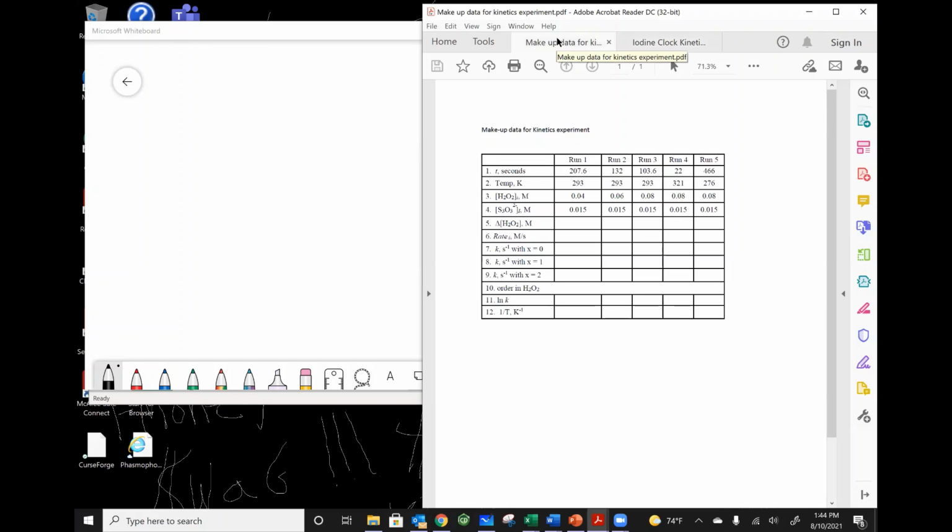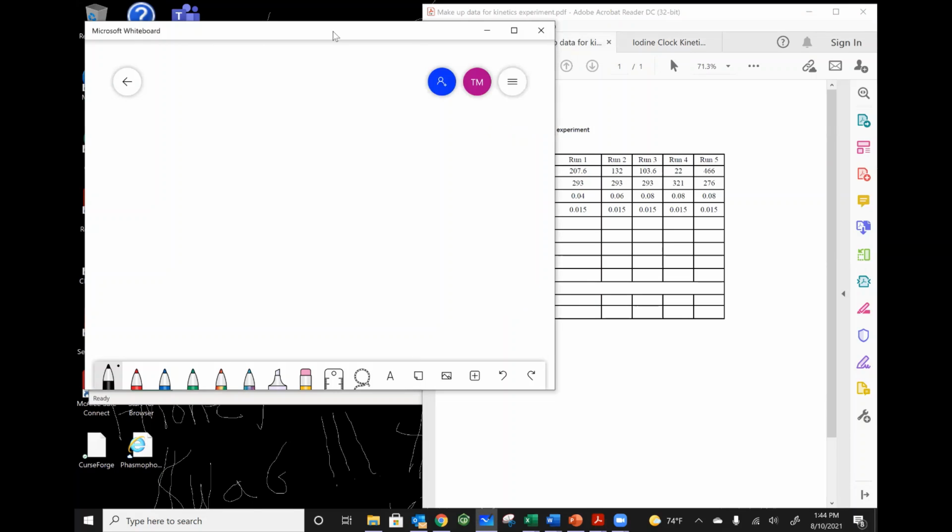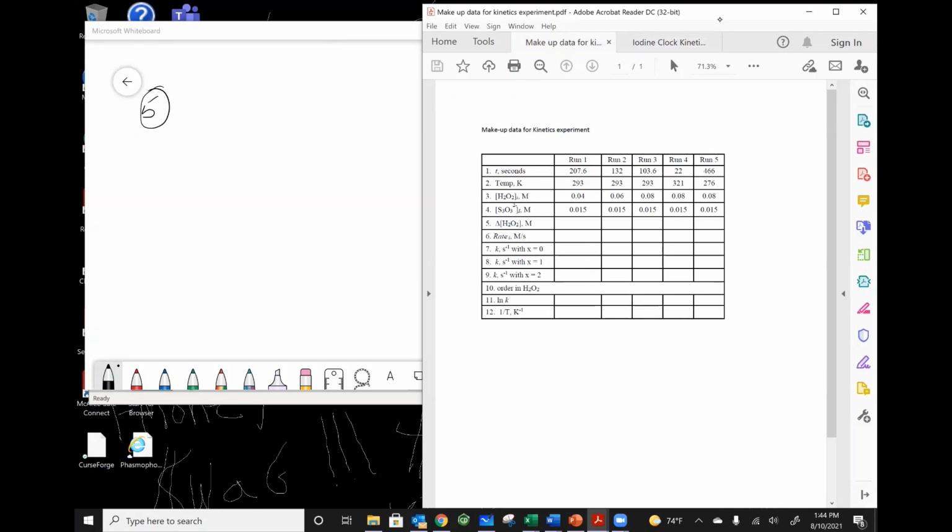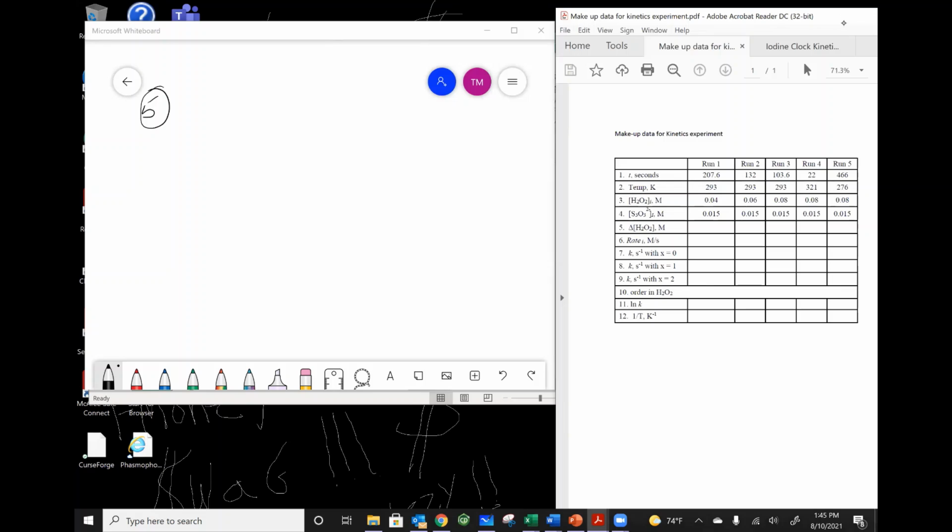So let's look at our makeup data. Based on the data that is provided to you, let's start with row number 5. For every single run, the concentration change of H2O2 is going to be equal to 0.015 divided by 2, and this is molar.